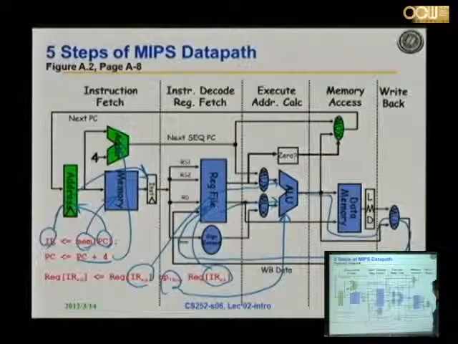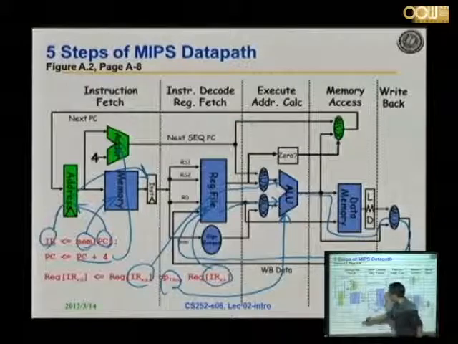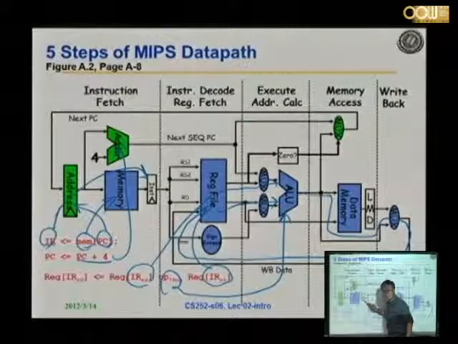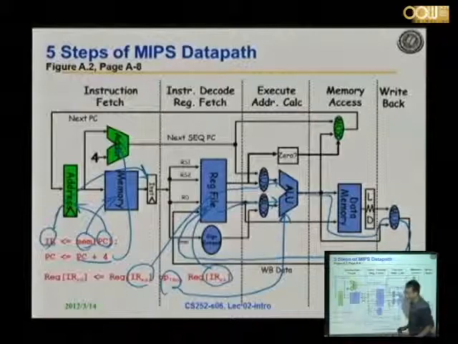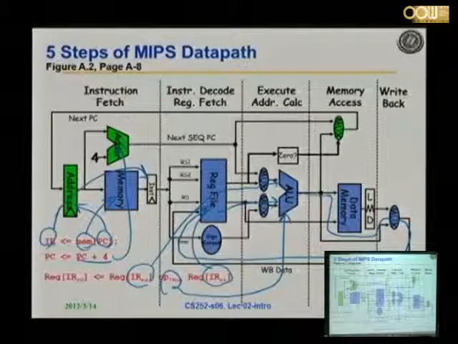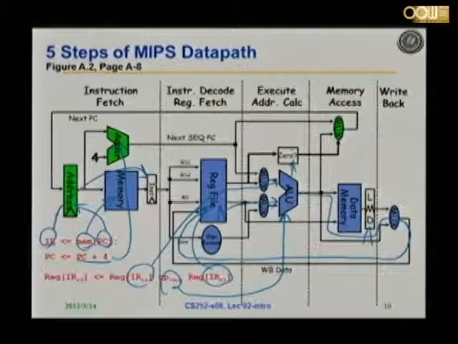The answer is yes. So if we have this arrowhead indicating it needs to be triggered by the clock, then we also need an arrowhead here, here, and here to indicate they can be triggered by the clock.